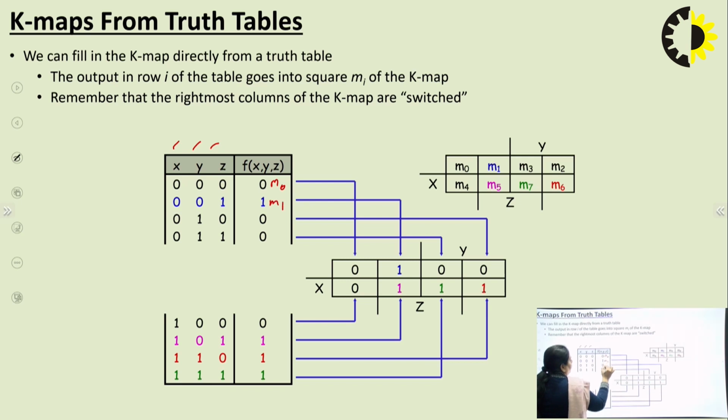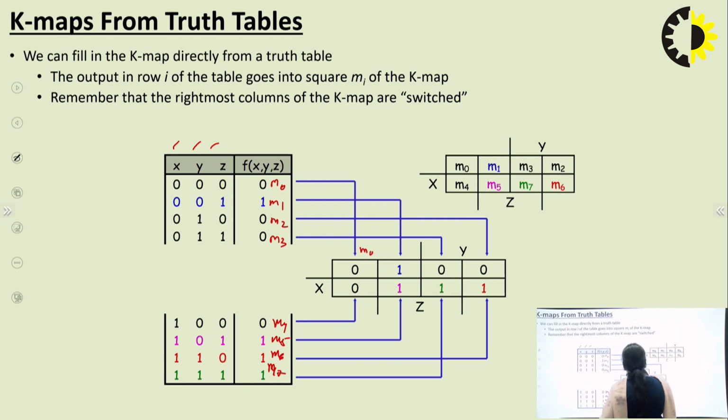M0 to M7. Now we can write it here as M0, M1, M3, M2 and here M4, M5, M7 and M6. Now write the minterms accordingly.